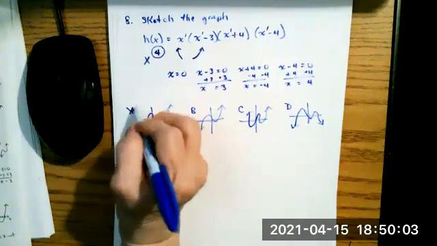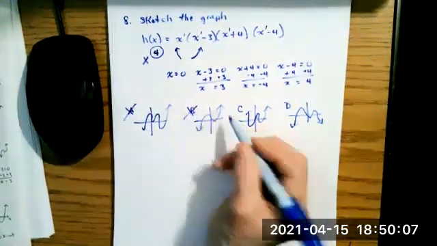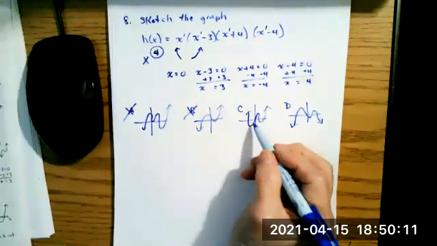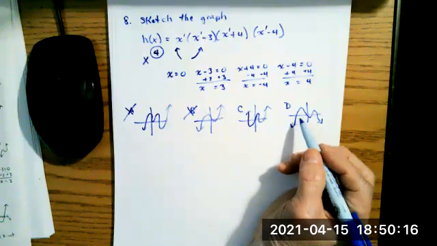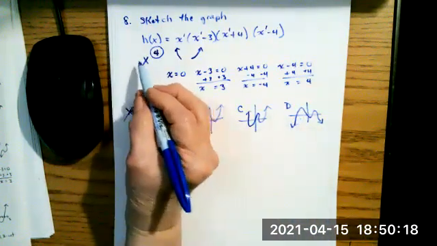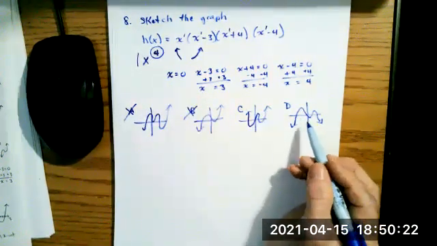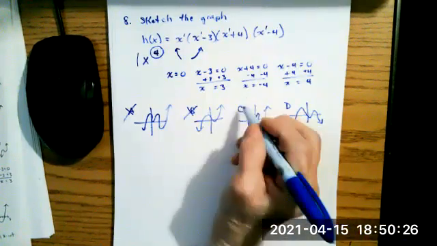So it's not going to be this one because it's one up and one down. So your choices are C or D. And since it's even and the coefficient's even, is it going to be C or D? C.